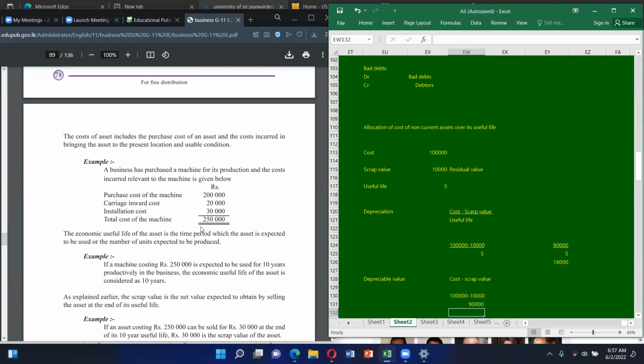The cost of assets includes the purchase price of an asset, plus all costs incurred in bringing the asset to its present location and condition.